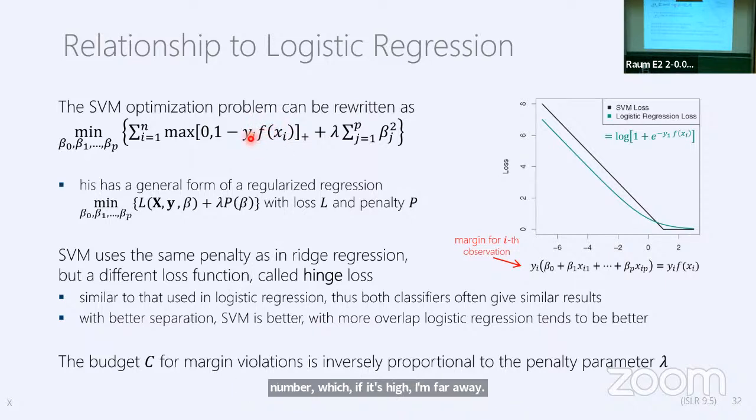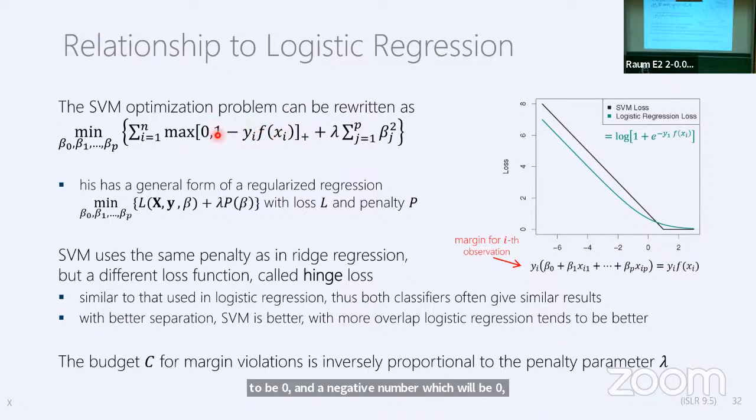And it checks if my distance to the decision boundary is less than 1, then the output of this will be that number, which means I will contribute to the loss. If the distance to the decision boundary is more than 1, then this number will be negative, which means this whole thing is going to be 0.